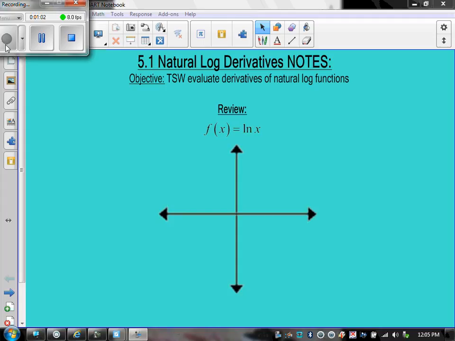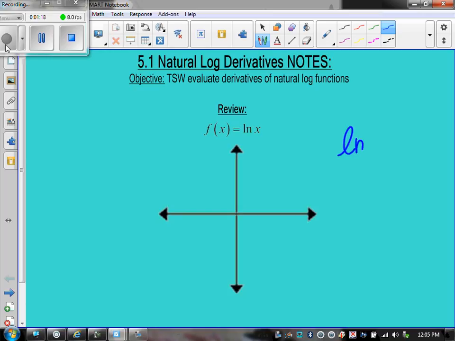It does come up enough times that you need to know what the natural log values are without using your calculator. You could plug this into your calculator for now, but after today, if I ask you for certain values like natural log of 0, you need to memorize what that equals.